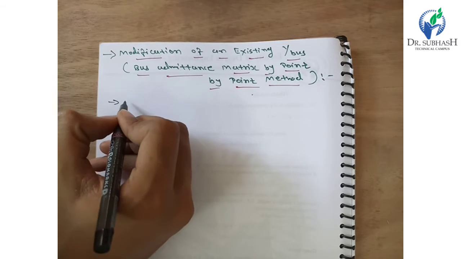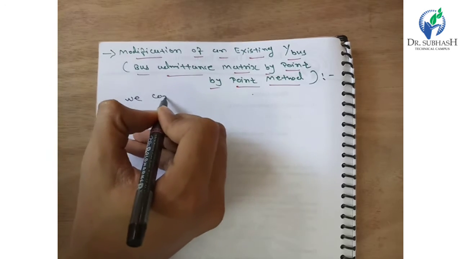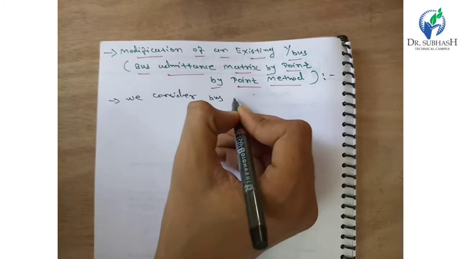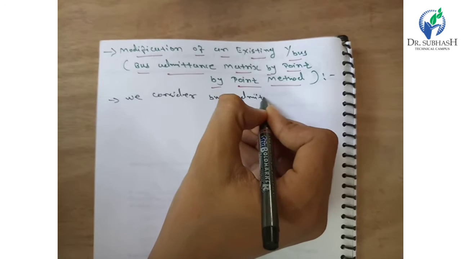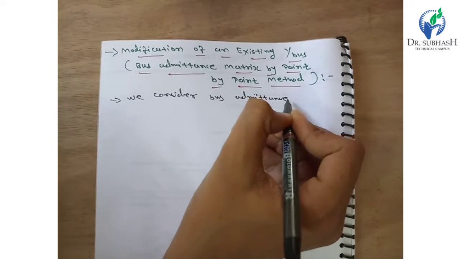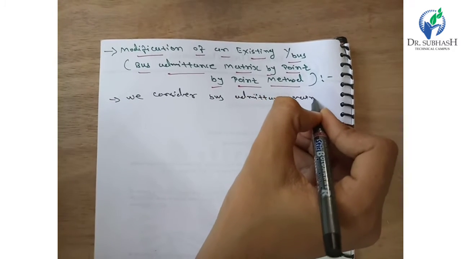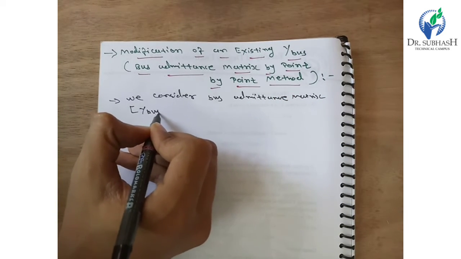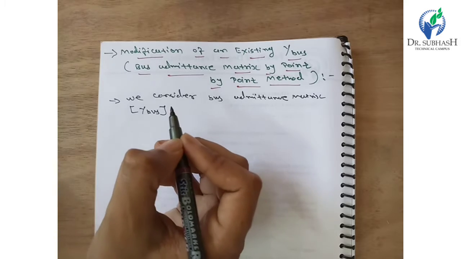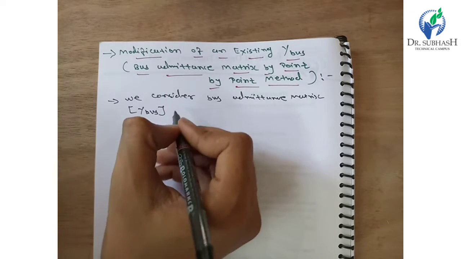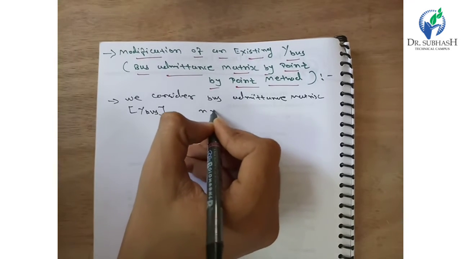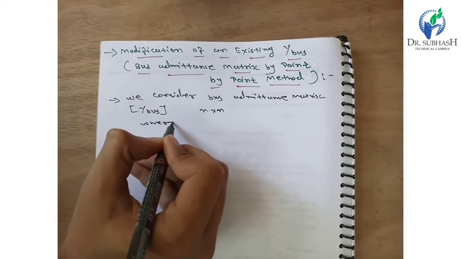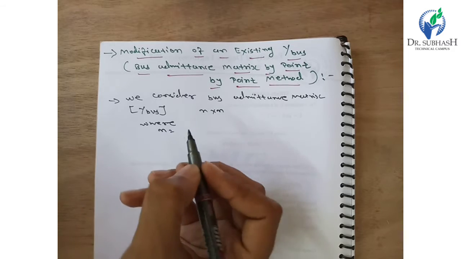We consider the bus admittance matrix, the Y bus formation. The dimension of this Y bus formation is n cross n, where n is equal to the number of buses.